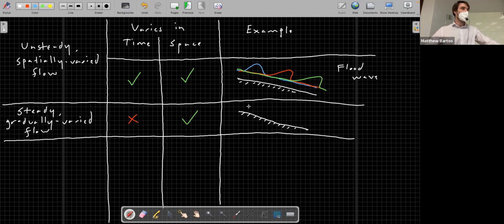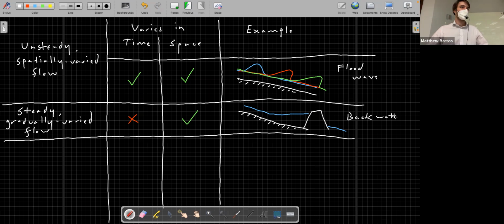If you have a profile of the water, maybe you have a dam downstream like this, and the dam is letting out some water out of the other side. But the dam structure itself will cause the water to flatten out like this. What we might generally call this is a backwater.